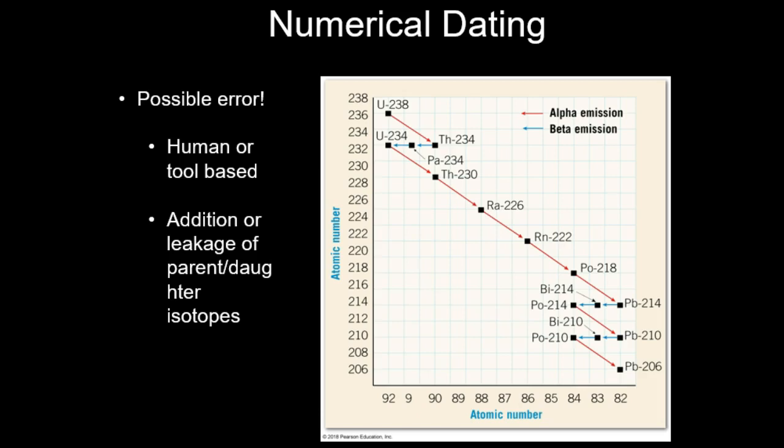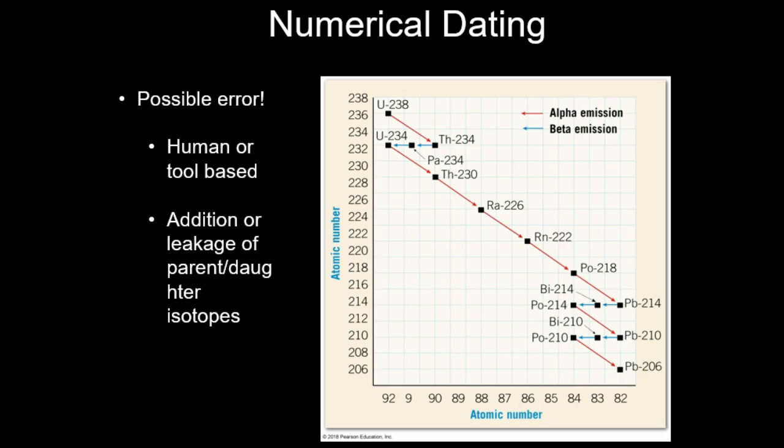Another example of this introduction of error may happen when there is an addition of more parent or daughter material by the flowing water that may be in contact with the mineral.